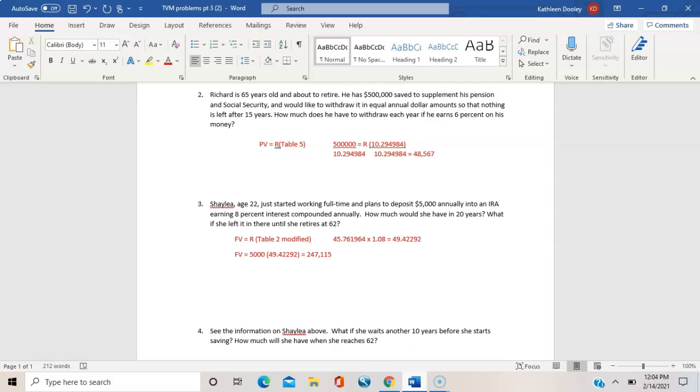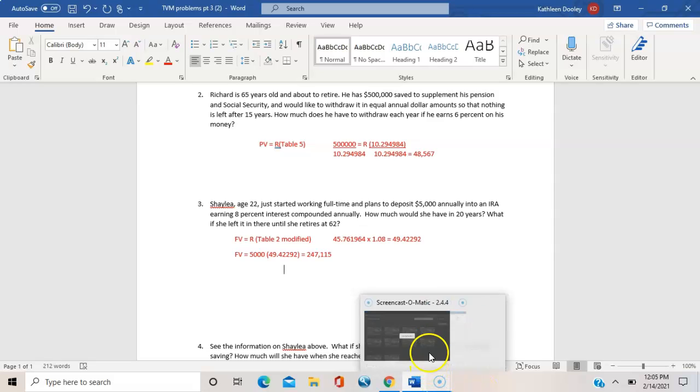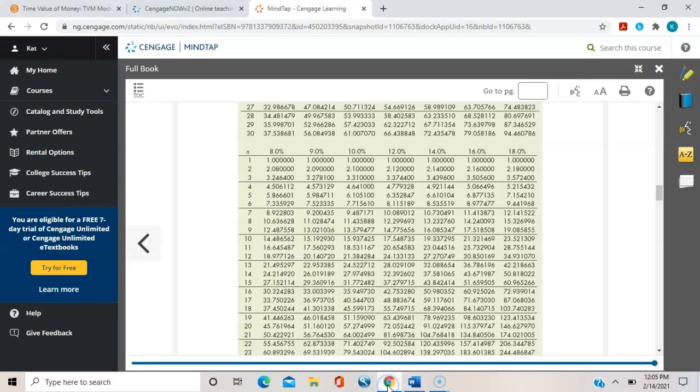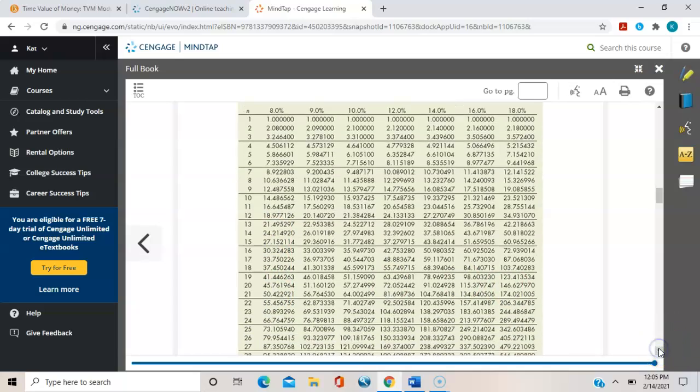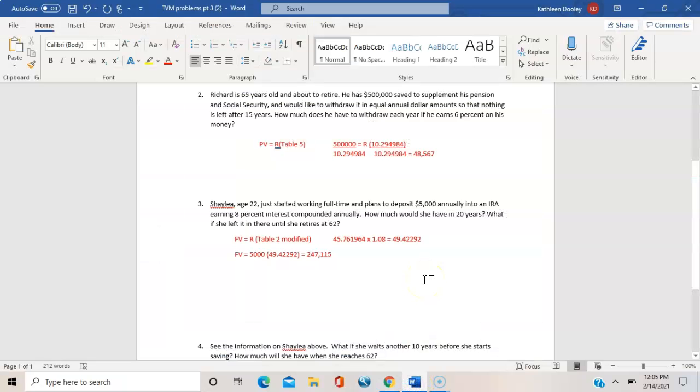Okay, now if she wanted to go to 30 years, for 30 years we have to look up 8% again, only now we're going to look up 30 years in table 2. 8%, 30 years. We need to go down a little more. Okay, 113.28321.